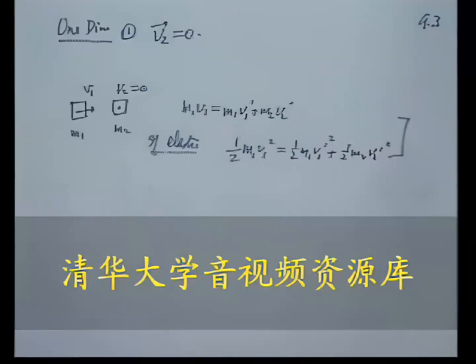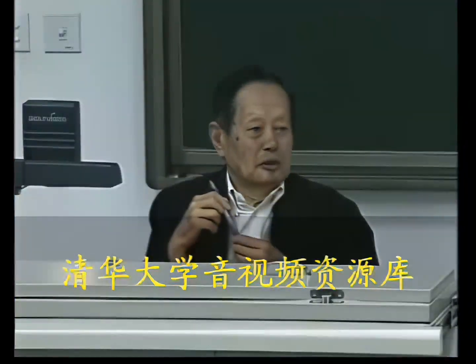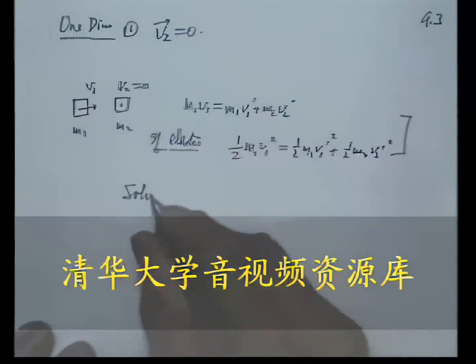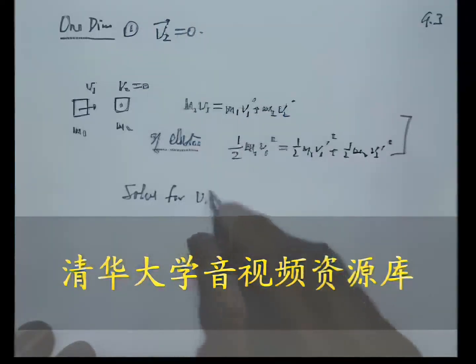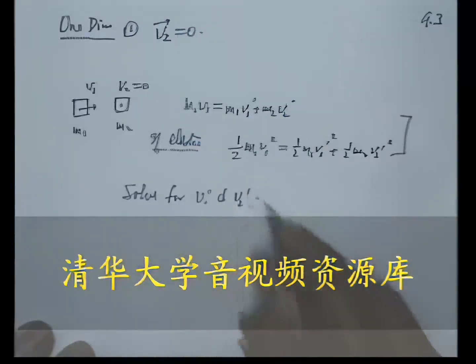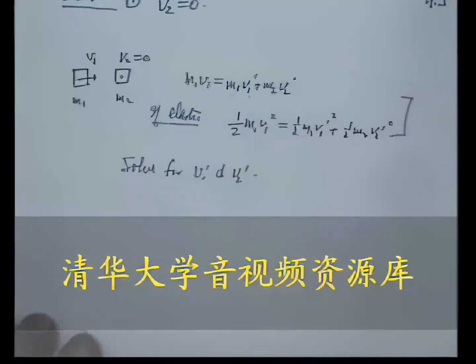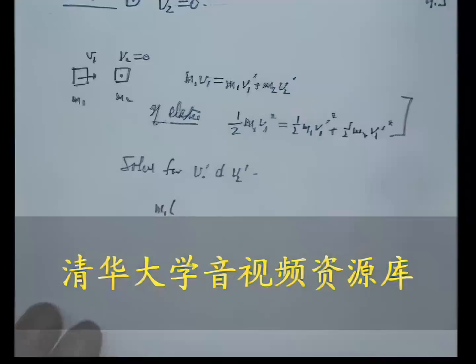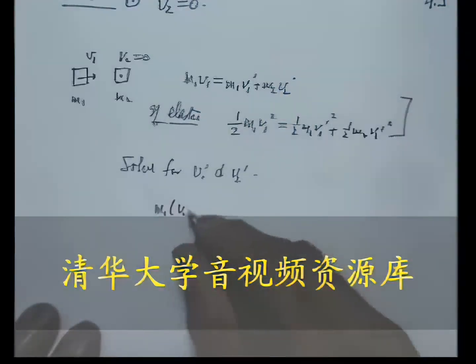So if the initial velocity V1 is known, then we have two unknowns, V1 prime and V2 prime. We have two equations. So we can solve for the two. In this particular case, the solution is particularly simple. You can do this in any number of ways. A simple way is this.